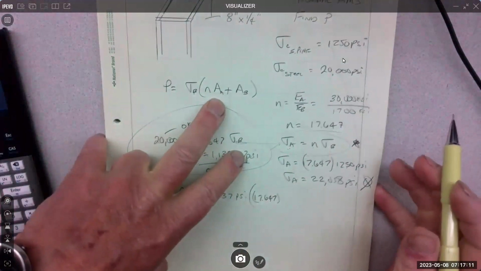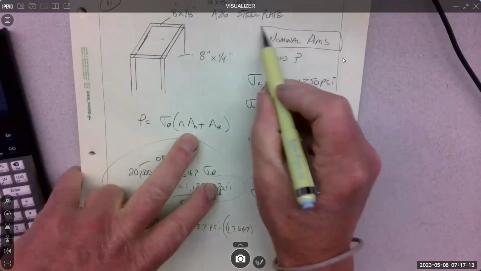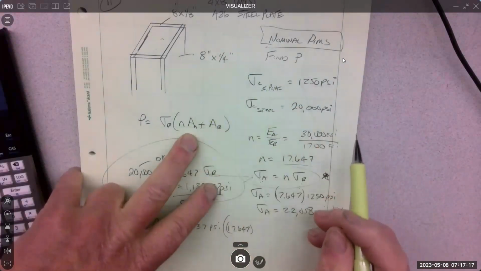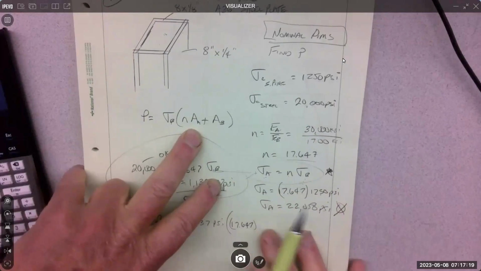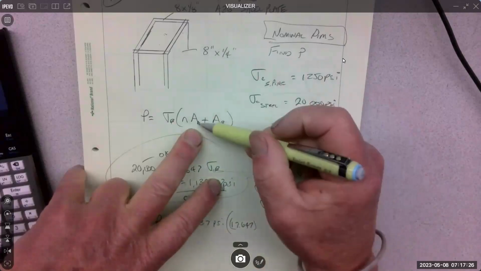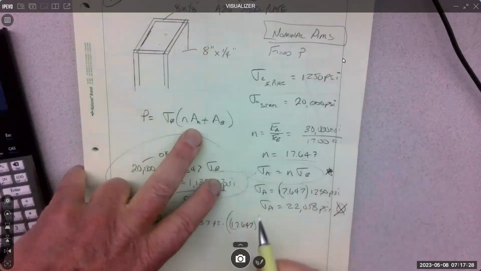And they did say use nominal dimensions. So nominal means just use the dimensions that are given. And I think it was a 4x8 wood for material B. Material A is these steel plates.